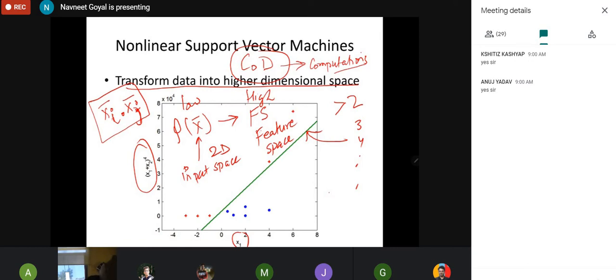And what does this tell you? If x's are vectors in some input space, what does xi dot xj tell you? What does it give? You know the dot product, or the scalar product?